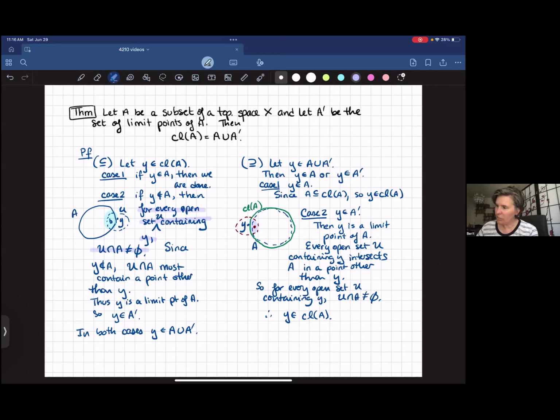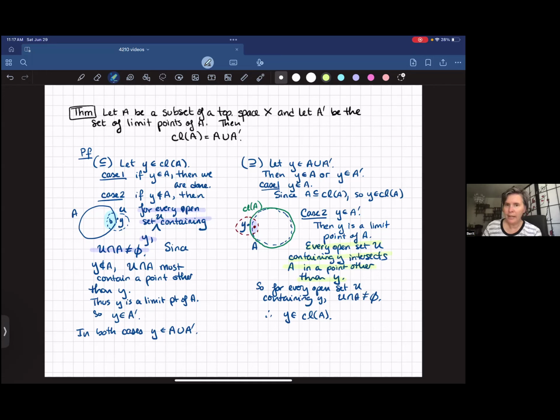And the definition of the limit point says every open set U containing Y intersects A in a point other than Y. Those are pretty close statements. They're very, very similar. And so it makes sense that there would be a theorem relating these two things. Okay. So closure of A is not exactly the same as the limit points of A, but if you take the limit points of A along with A itself, then that is your closure.